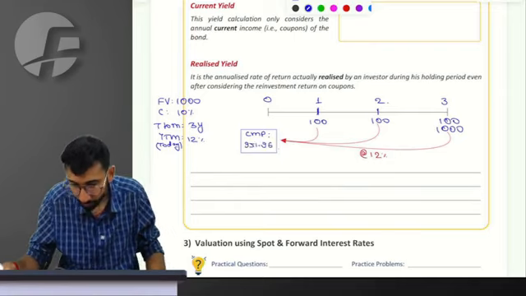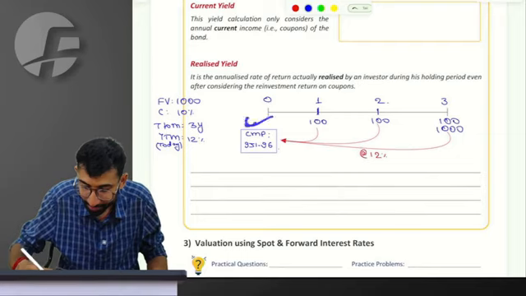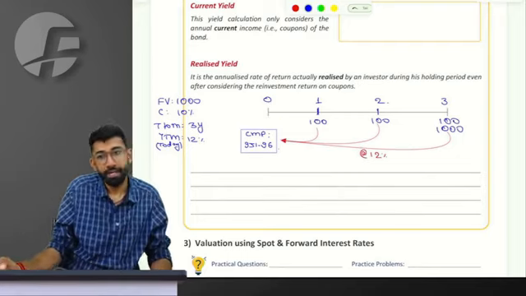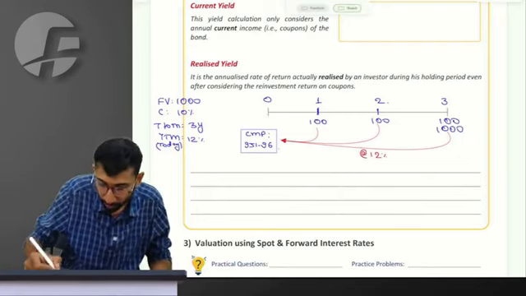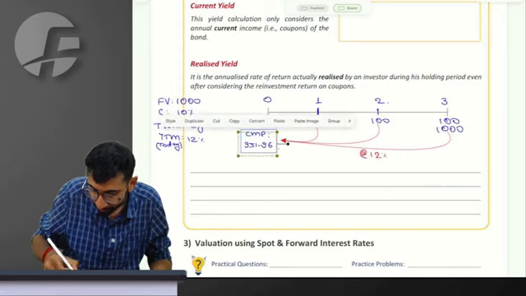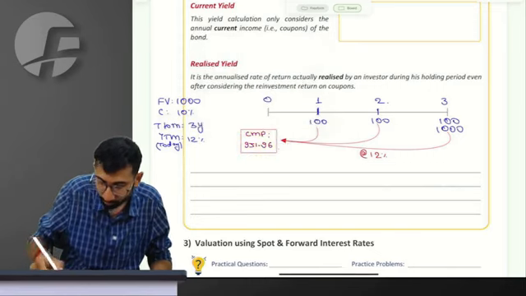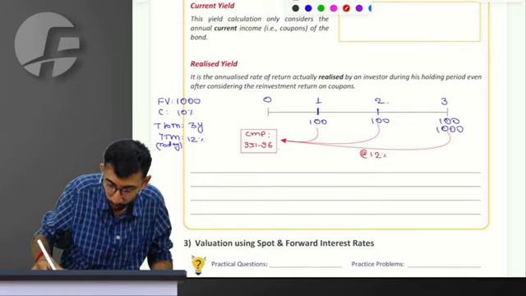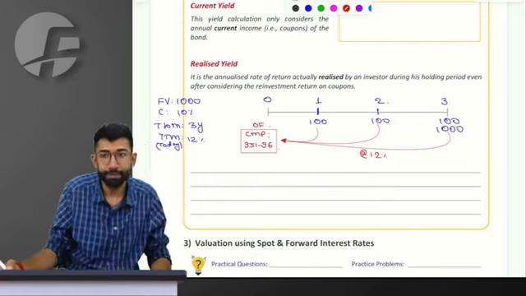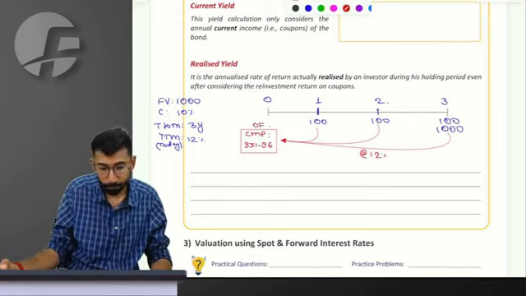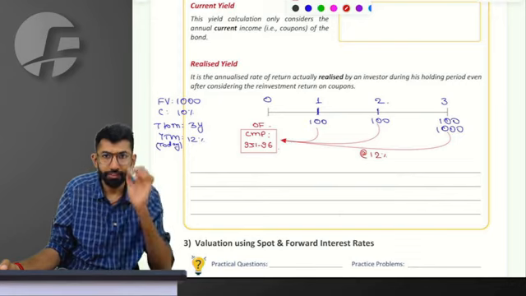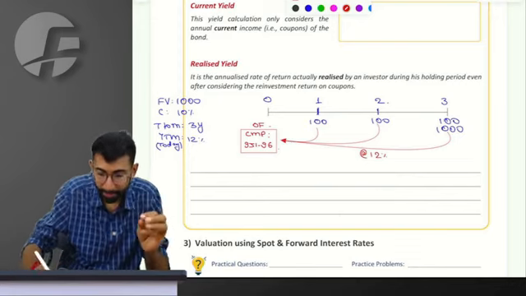Right? So now let's imagine what happens. Do you agree this is the price you have paid to buy the bond? Which means, can I consider this to be your outflow, the actual amount paid? 952.2 on a rounded off basis, Sahil, all right.